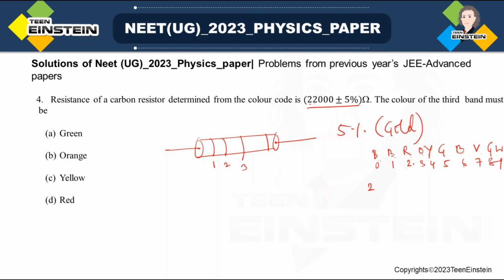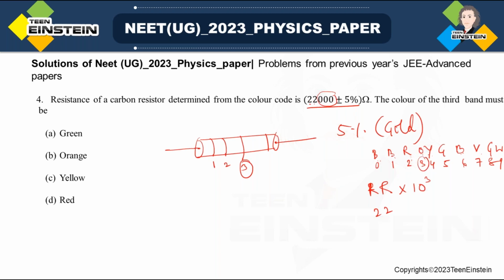So 2 2 means it will go with red red. And the third number will go to the power as the decimal place. So this will be 10 to the power 3. The third has got orange because there are 1000. So 2 2 red red, and this has to be 10 to the power 3.